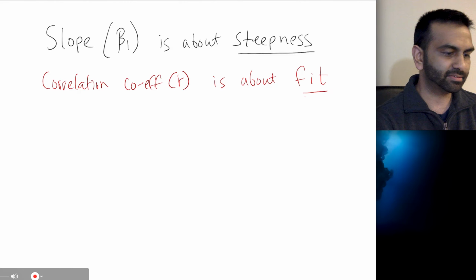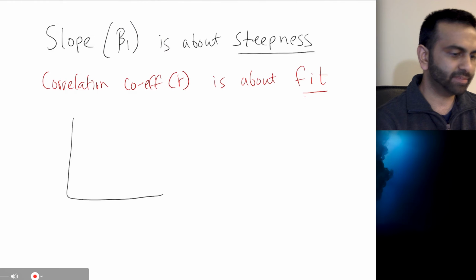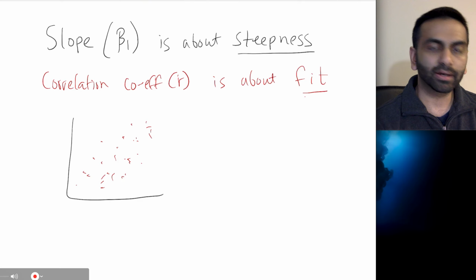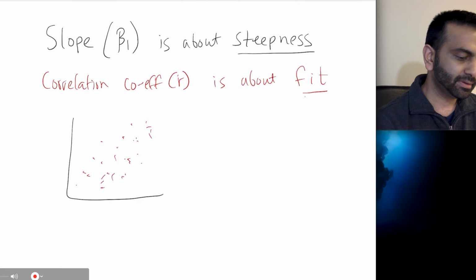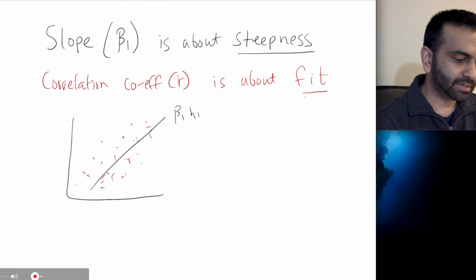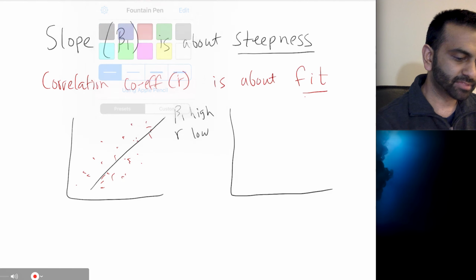So it's sort of like this. If you have data points that are sort of all over the place, and they have a really high slope, then your beta 1 is going to be high, but your R is going to be low, as opposed to something like this.